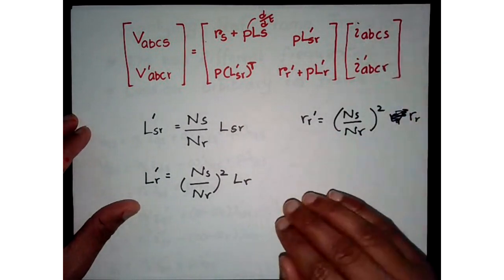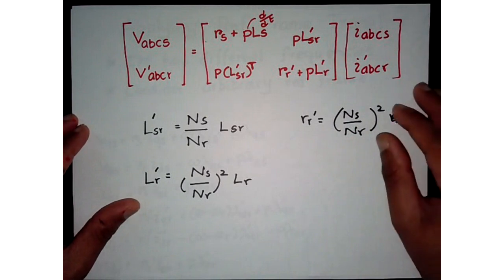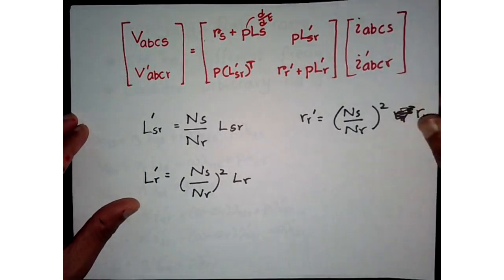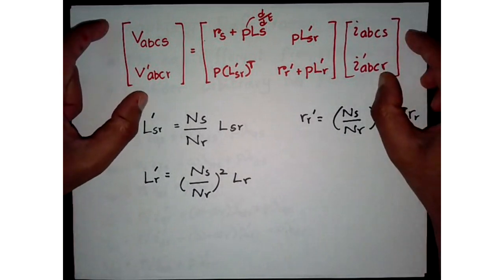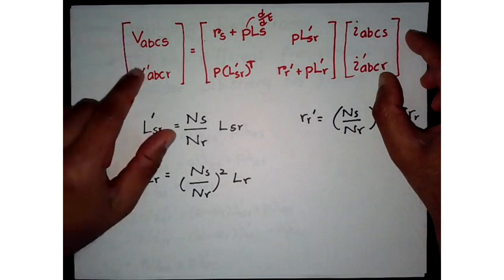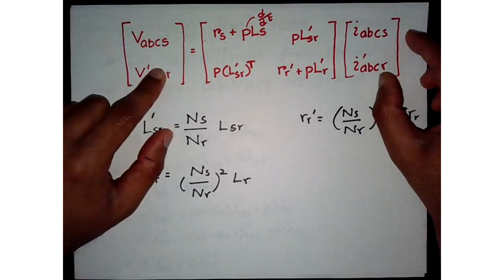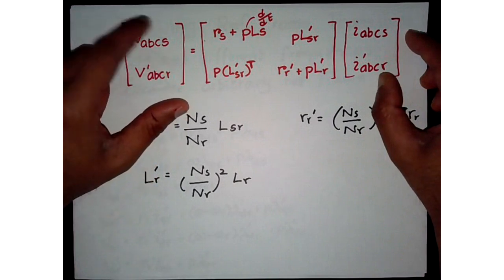All right. Of course, if you need to characterize your own machines, we talked about that in one of the previous videos, so feel free to go through that. But this is the model that we are going to use. Since we are going to apply voltages, our rotor voltages are going to be 0, right? Because we are considering a singly fed machine, and we are applying ABC voltages.